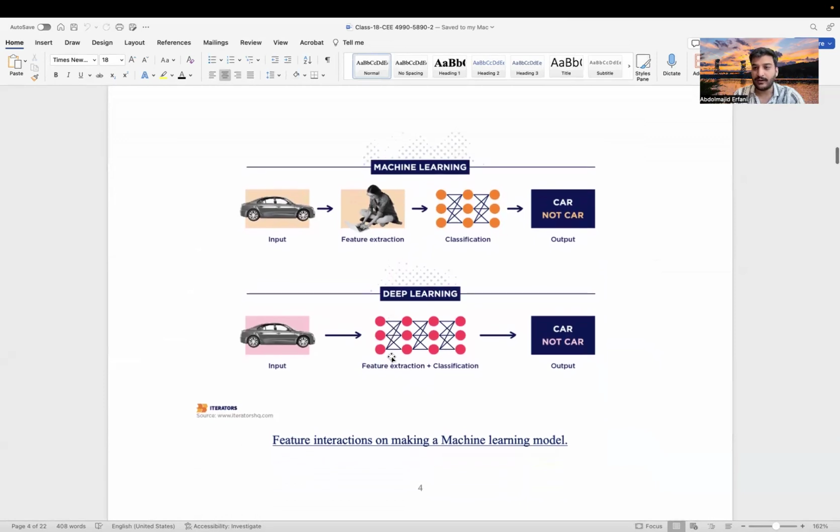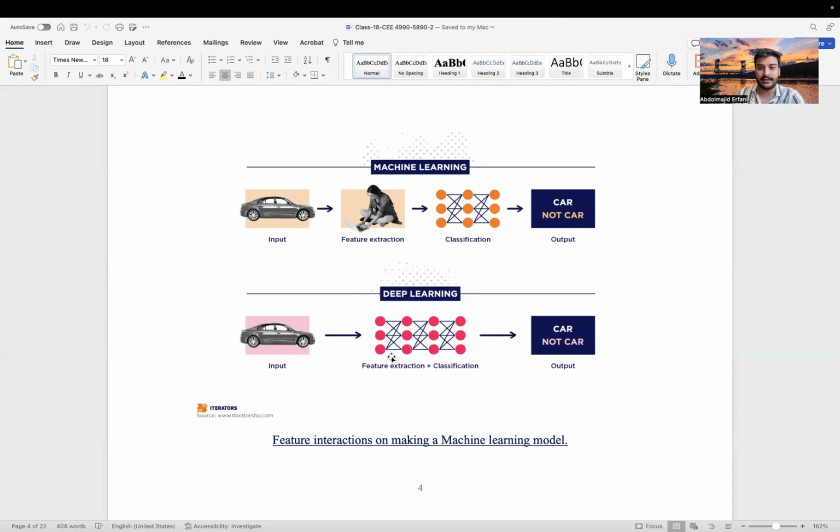One of the problems, if you remember when we started the machine learning module and discussed developing different machine learning models, was the interaction between the features. If you recall, in some of the examples that we did in class, the correlation or any kind of relationship between the features was a very critical task, yes? You did all the analysis to figure out whether there is any relationship between your features.